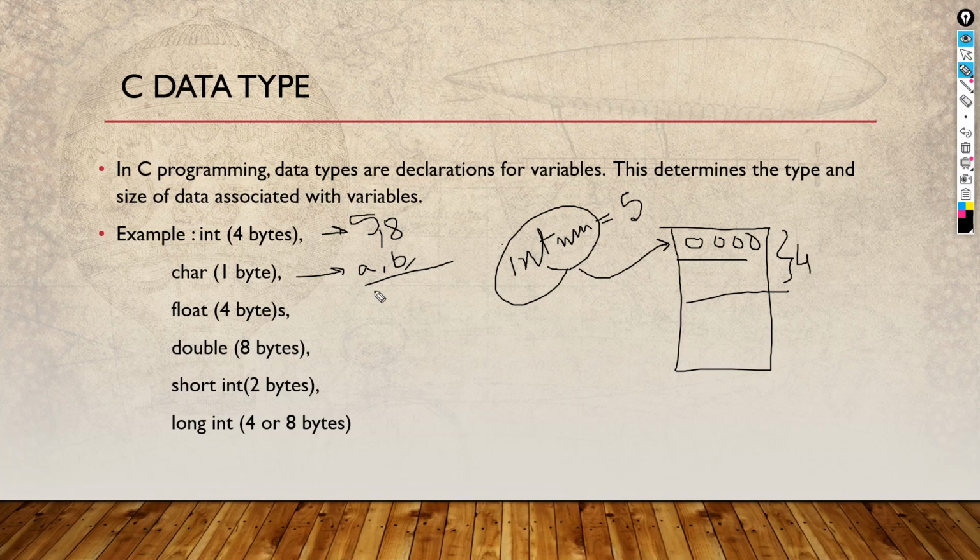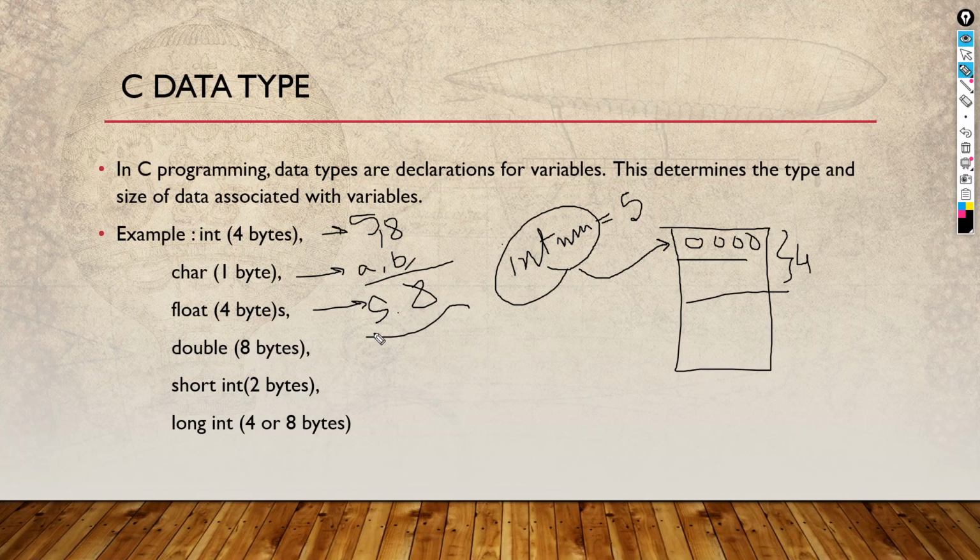When char takes 1 byte, when I want to keep character type data, it will take 1 byte of memory in the RAM. So float means any point value, 5.8, 6.7. Any float type of data is stored in float.